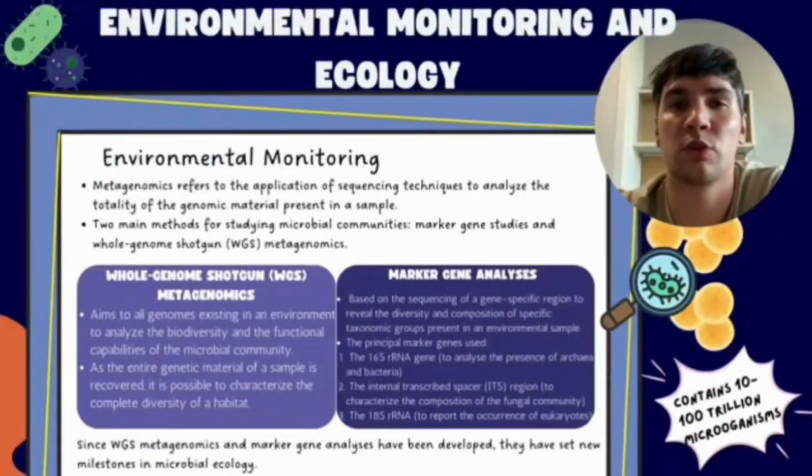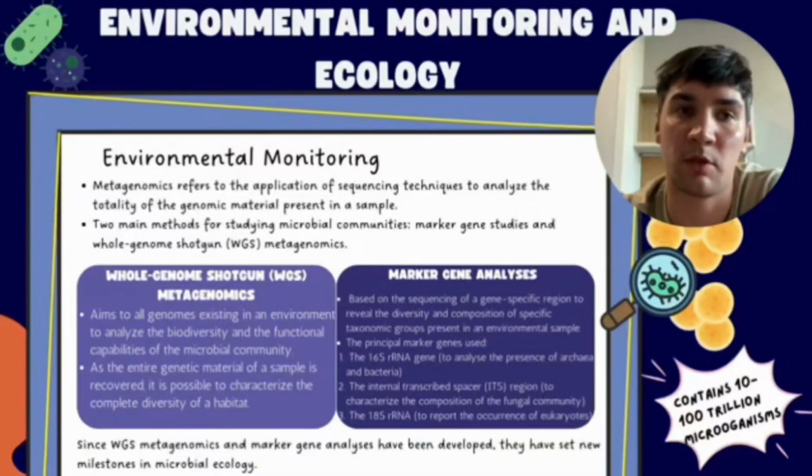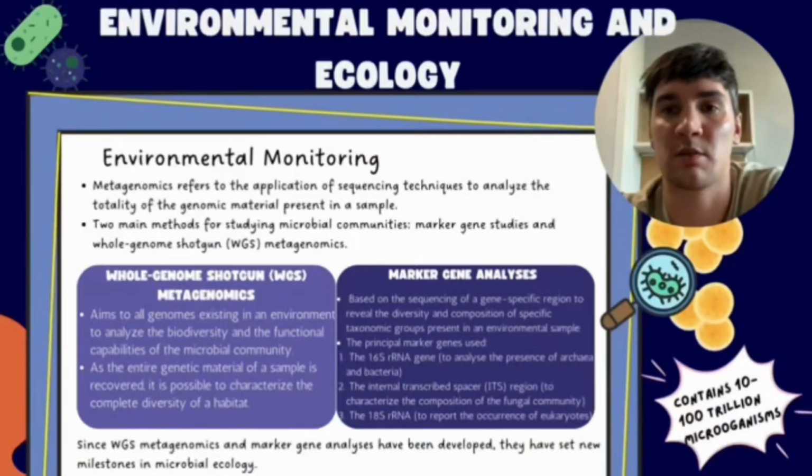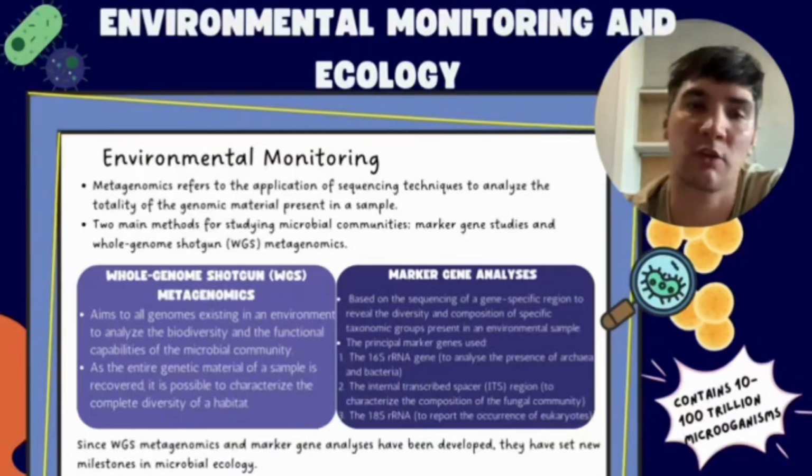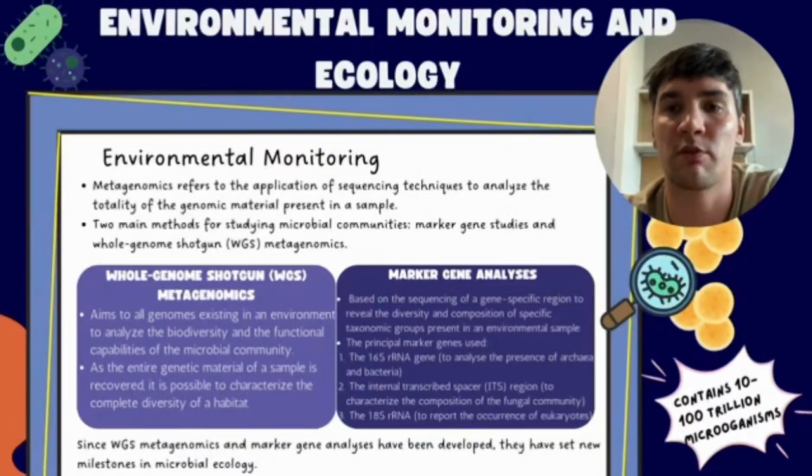Now I move on to environmental monitoring and ecology. Environmental monitoring metagenomics uses sequencing to analyze all genomic material in a sample. There are two main methods for studying microbial communities. First is whole genome shotgun metagenomics. It aims to analyze all genomes in an environment to assess microbial biodiversity and function, revealing the full genetic diversity of a habitat.